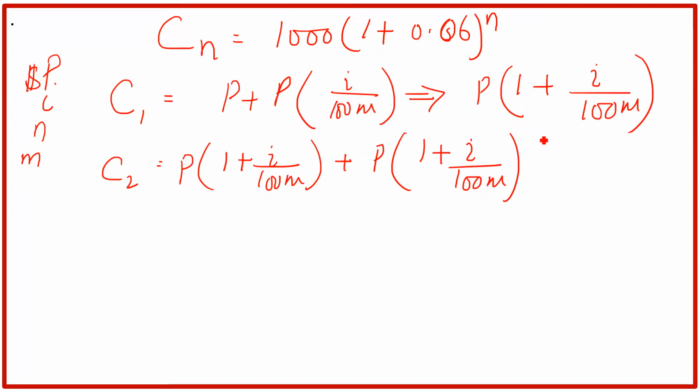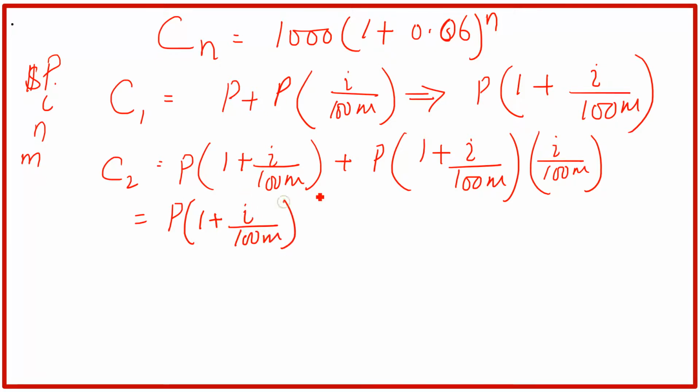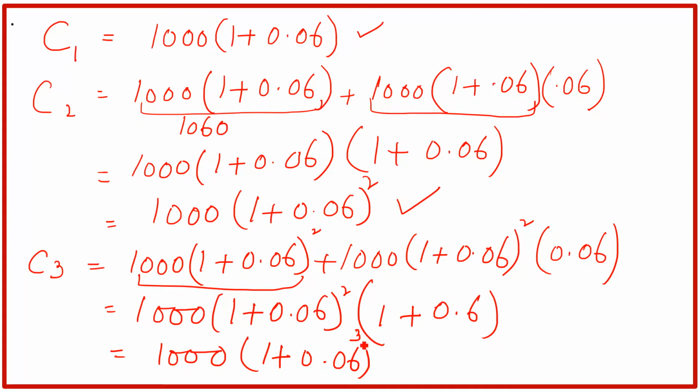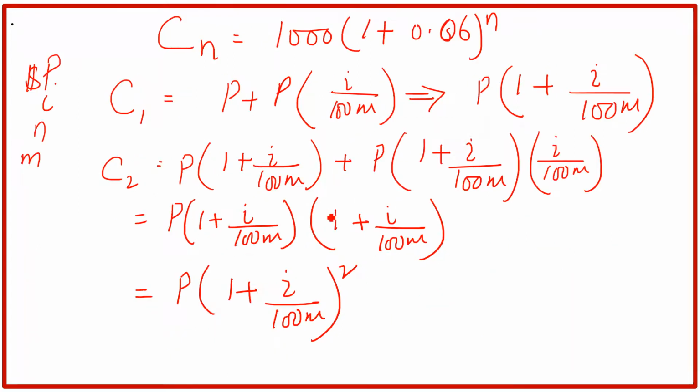Now we will get the interest on this amount. So if I take P into (1 plus I divided by 100M) as common, here I have only 1 left, 1 plus I divided by 100 into M, which implies P into (1 plus I divided by 100M) whole square. Same thing we did here. Here I am just deriving the formula.